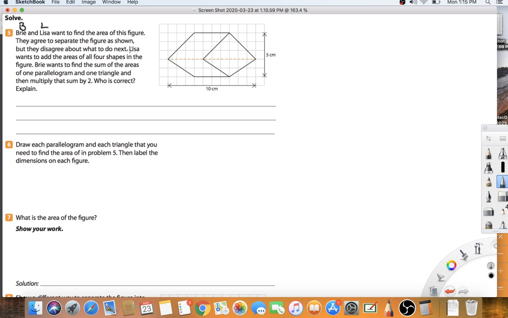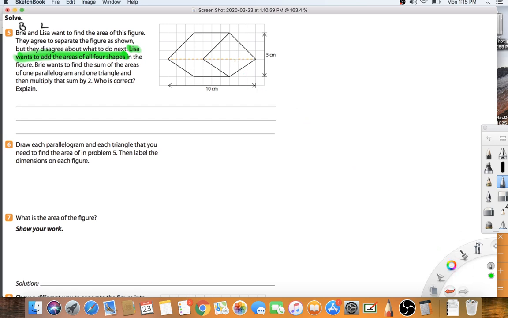Now let's start off with what Lisa says first. Lisa says she wants to add the areas of all 4 shapes. So let's do hers before we even get to the other person's.